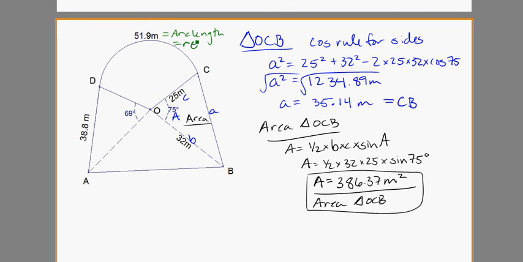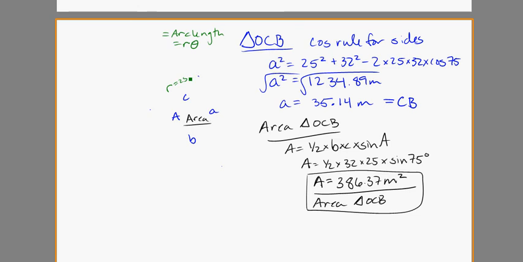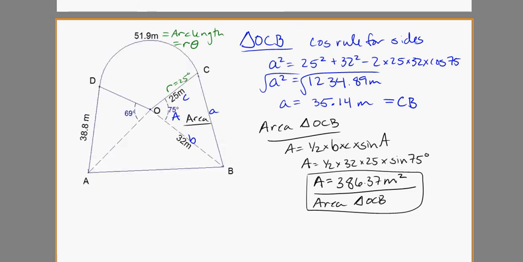I know that the radius is 25 meters for that particular shape. So, I don't have the angle, but I do have the arc length and the radius. And let's look at the other triangle here.